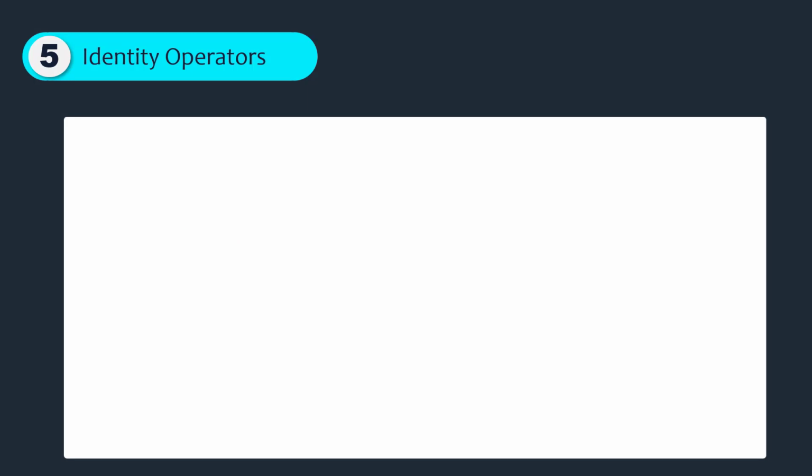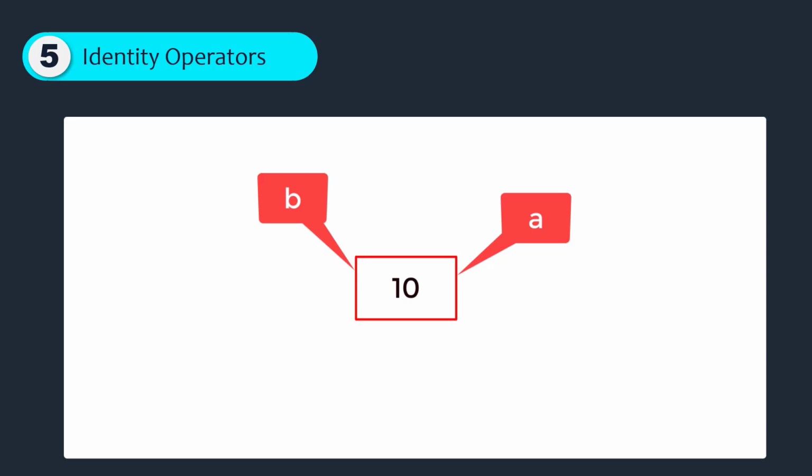Python is a dynamically typed language, so it will not create two separate memory locations for a and b. Rather, Python will create one memory location, store the value 10, and attach a and b to it. So a and b will point to the same location, which means the memory location for a and b are the same.